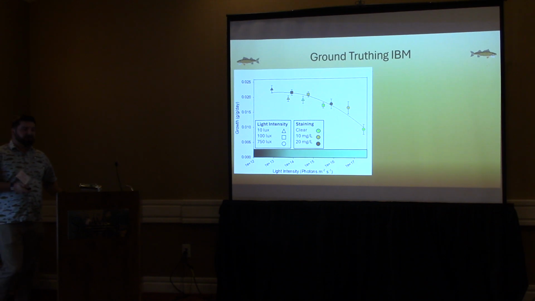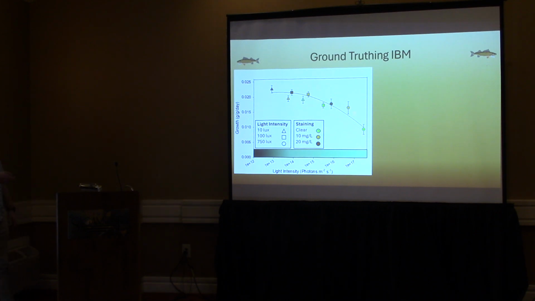Next, we wanted to ground truth this IBM. Here, we have our growth in grams per gram per day from in-lab studies that we did under different light intensities. Here is 10 lux, 100 lux, and 750 lux, indicated by the shape, as well as the staining intensity, so thinking about a clear water system being green, 10 milligrams per liter, a medium tannic concentration, being that goldenrod, and 20 milligrams per liter being the highest staining intensity you'll see in some of those Minnesota and Wisconsin lakes.